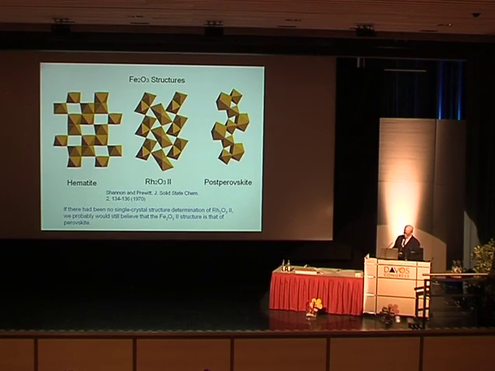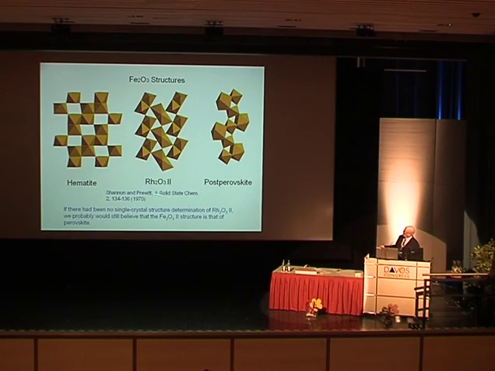Then I want to go to the Fe2O3 structures. And as I said, Stan-Olsen et al. thought Fe2O3 went to the perovskite structure at high pressure. And then we showed that it did not. It goes from hematite to the Rh2O3 structure and to post-perovskite.